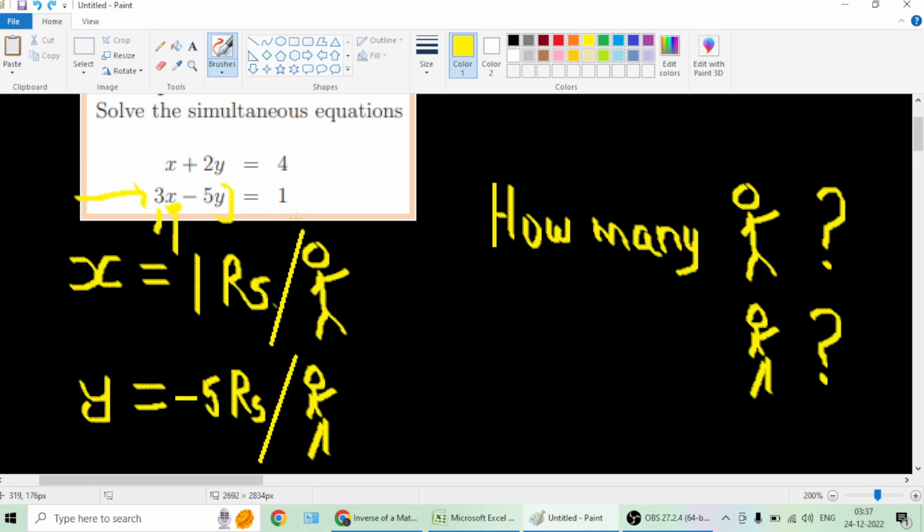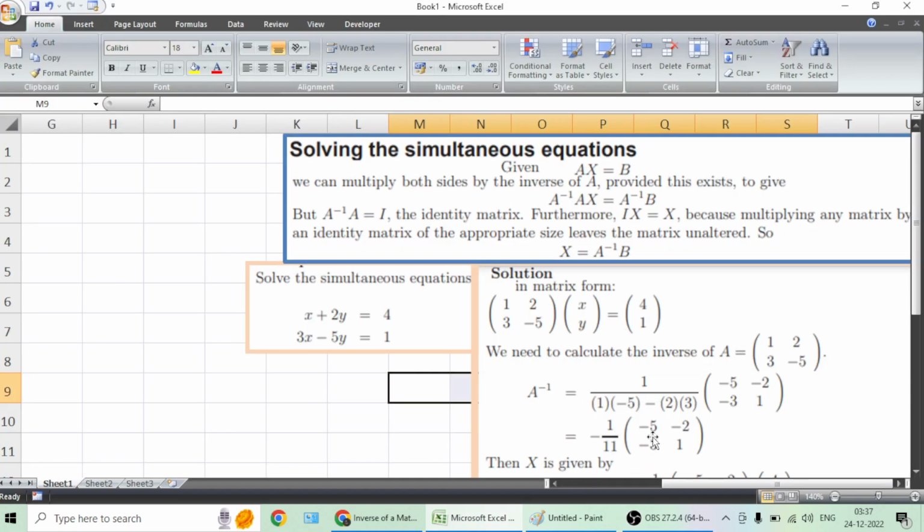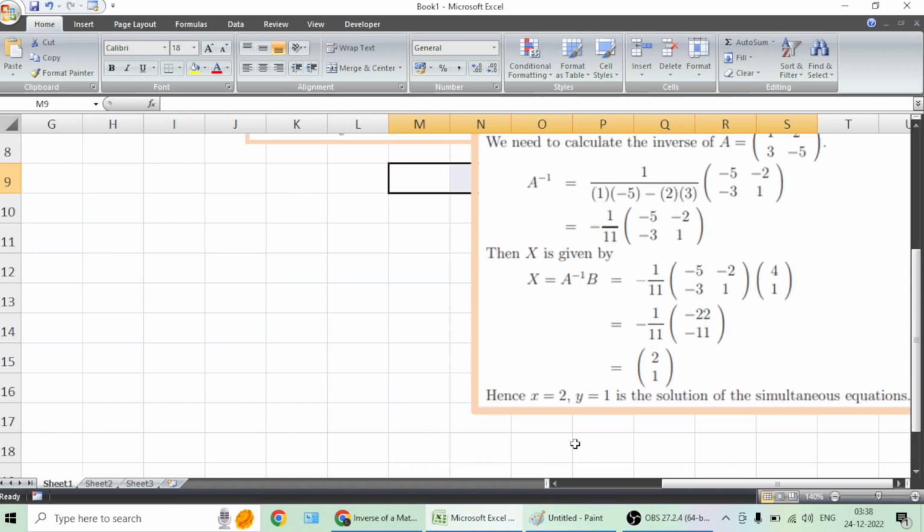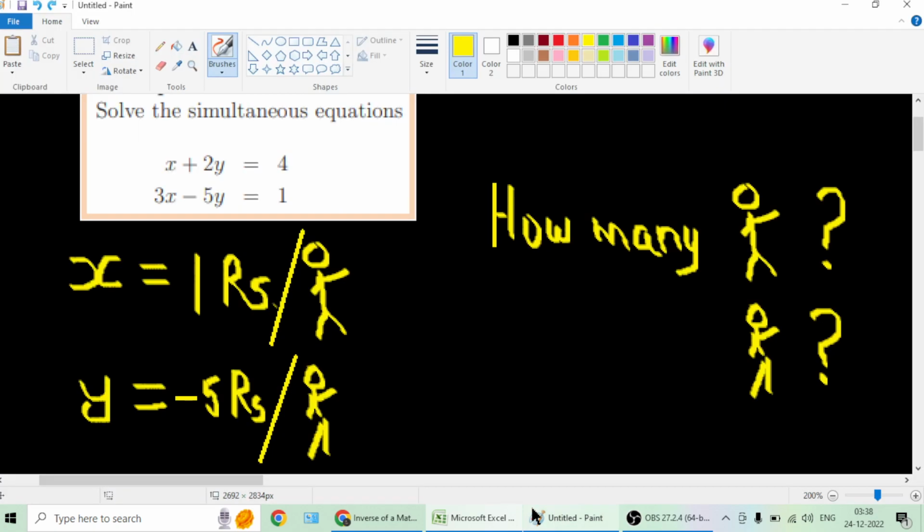If we want to go with trial and error, looking back at the solution, x comes out to be 2 and y comes out to be 1 with the matrix solution. This means that when there are 2 men and 1 woman in this equation, this happens.